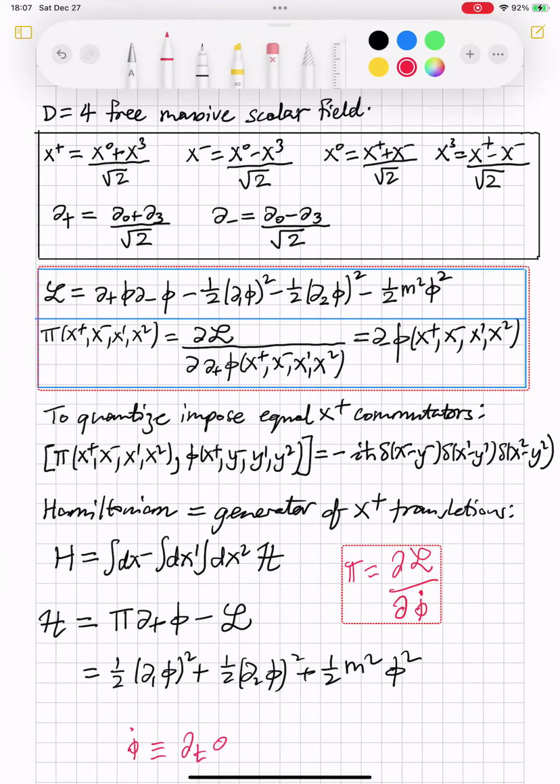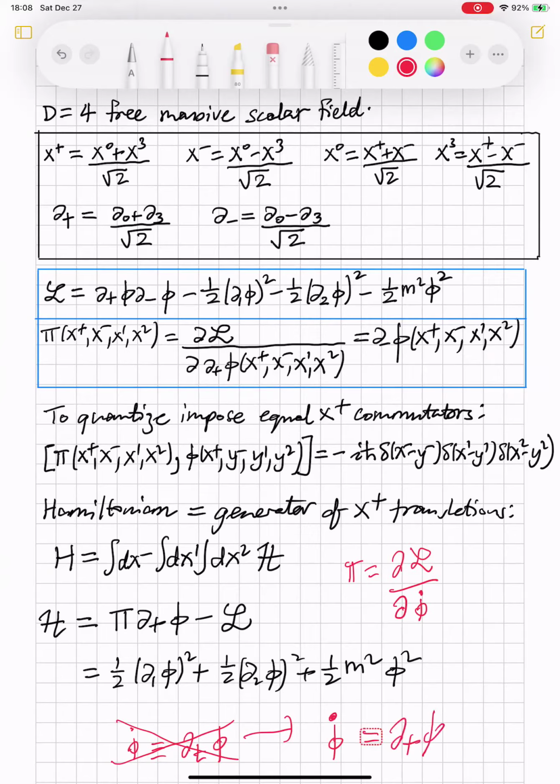This is one of the things that we are replacing. What are we replacing it by? Anytime that we see a phi dot now, this now means d plus phi, because it's d plus phi that's our evolution parameter. So if you look at pi, this was meant to be equal to dL d phi dot, and because phi dot is d plus phi, it means that pi is equal to dL d d plus phi.